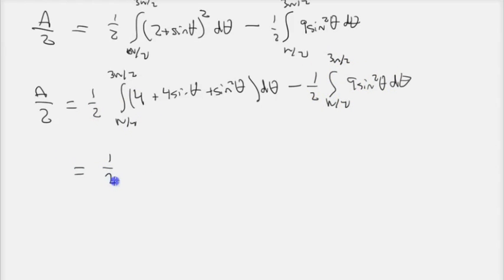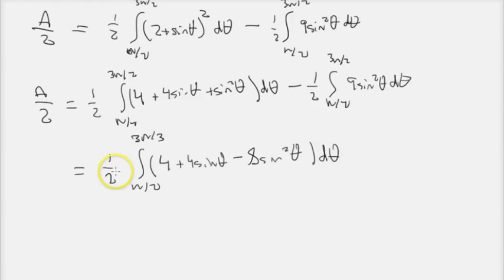So we're going to combine this integral, pi over 2 to 3 pi over 2, and we're going to have our 4 plus 4 sine theta, and then a sine squared theta minus 9 sine squared theta is going to be minus 8 sine squared theta, and all of that d theta.